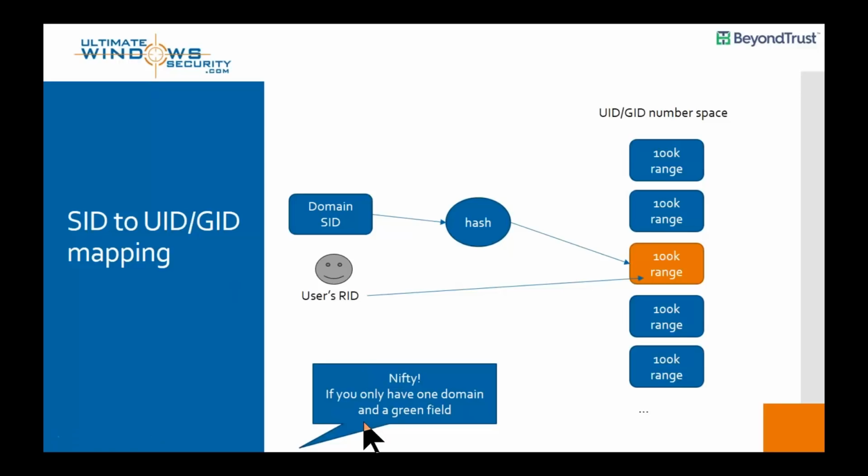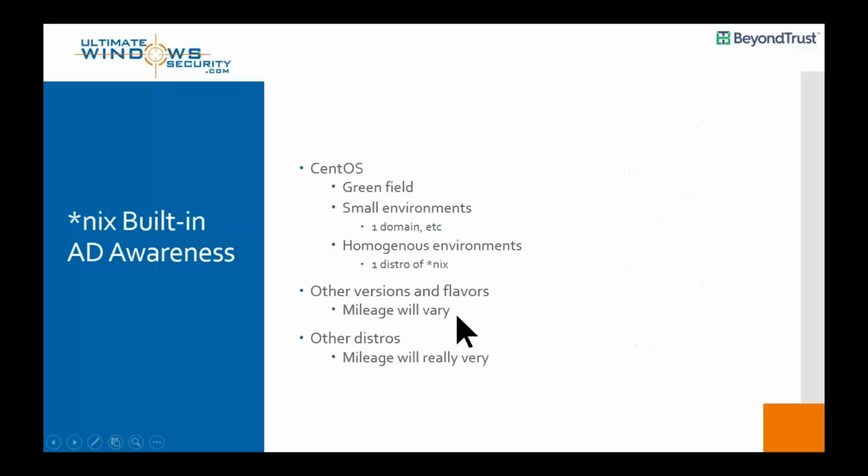But what if you already have UIDs and GIDs and existing user accounts, and you want to map existing Linux accounts on different Linux systems and distros up to a single AD account? That gets more complicated. And that's where this seemingly seamless integration begins to fall apart.